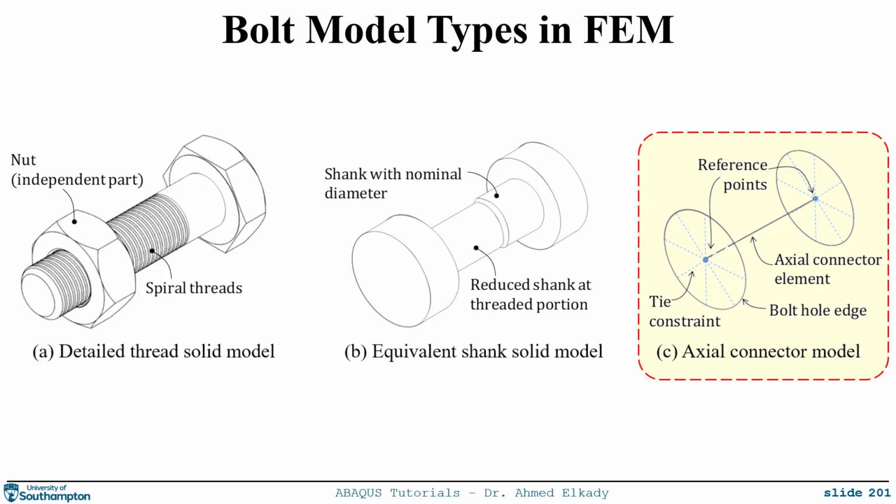So representing the bolt as an axial connector is a very good alternative. As we are going to show today, if you are looking at many types of connections, using the axial connector model would suffice in your simulation and would result in pretty much the same results, on a global scale, as the equivalent shank model or the detailed threaded solid model.